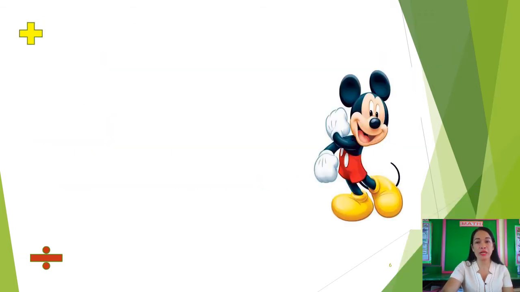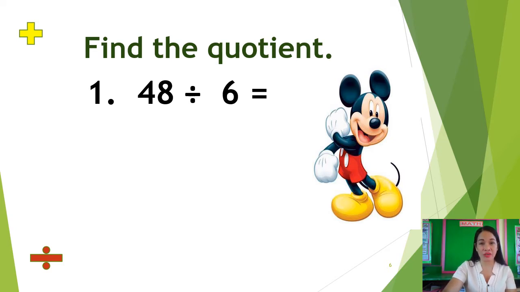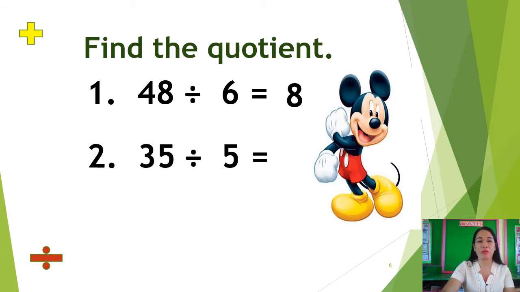Before we proceed with the lesson, try to find the quotients of the following equation. Number 1, 48 divided by 6 equals, what is your answer? Answer is 8. For number 2, 35 divided by 5 equals, the answer is 7.